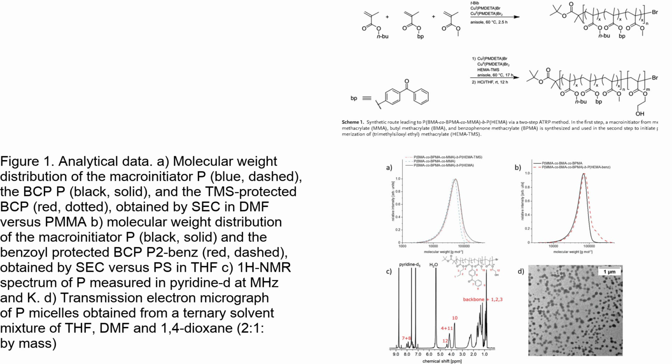The authors also analyzed the chemical composition of P2 using 1H NMR spectroscopy. The molar fractions of the different polymer components were calculated based on the corresponding integrals from the 1H NMR spectrum. The results show that the amount of the UV cross-linking agent BPMA is approximately 10 mol% within the macroinitiator P1, while the hydrophilic block HEMA is determined to be 10 mol% for the overall block copolymer P2.